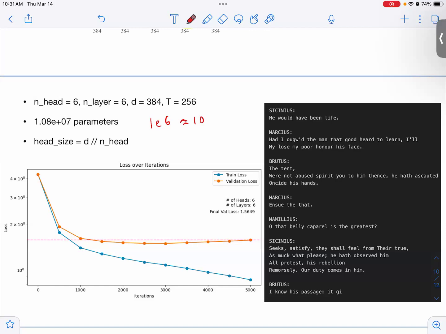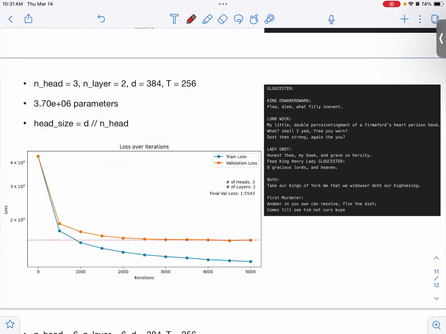And you can see a little bit of overfitting. I'll show you in the slide. The training goes down, the validation flattens out and starts to go up. This is indicative of overfitting.